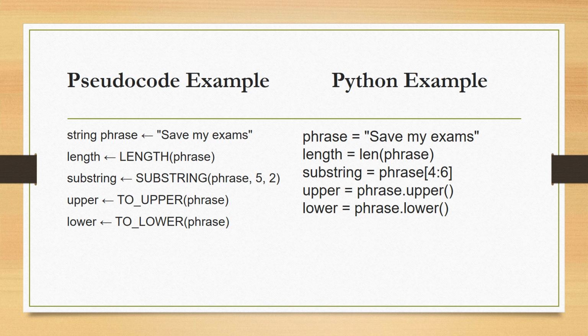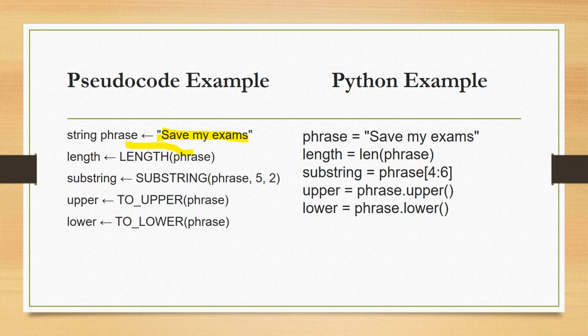As you can see, I have given an example of all of those functions. There is a string variable, phrase. In this phrase we have a string, and that string is "save my exams", right? So you will be mentioning length. In this length variable, the same variable has been passed to this function, and this function will return the length.